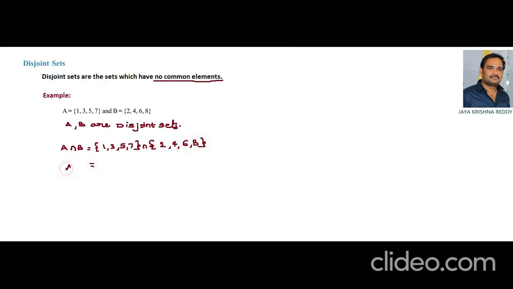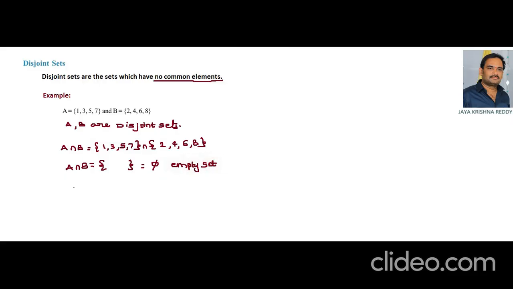So A intersection B. Intersection means writing the common elements, but these two sets have no common elements. So A intersection B is a set which has no elements. So no elements means it is nothing but an empty set. Means the intersection of disjoint sets is nothing but an empty set.